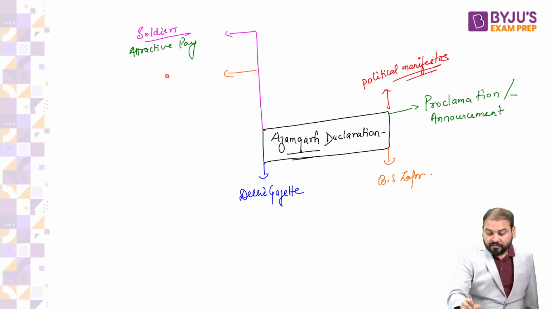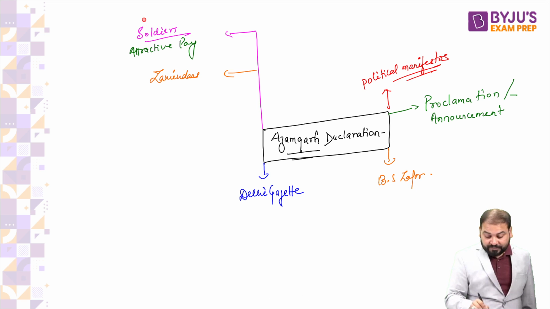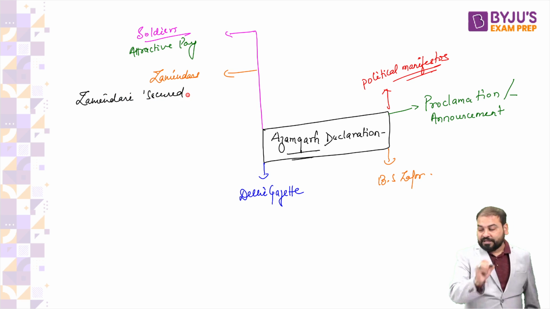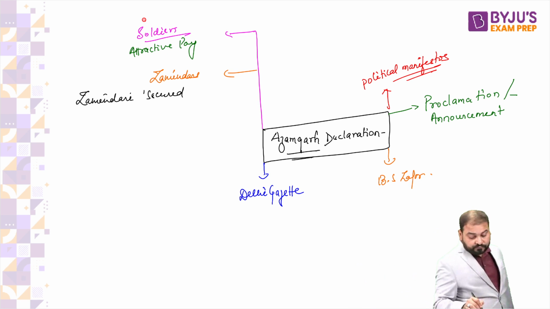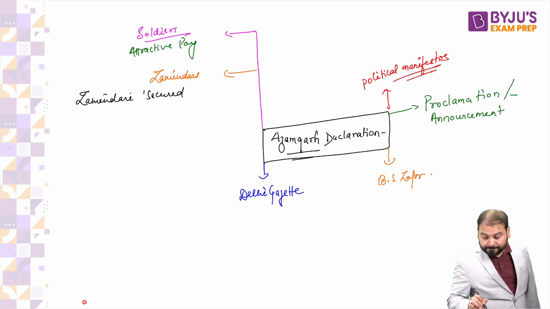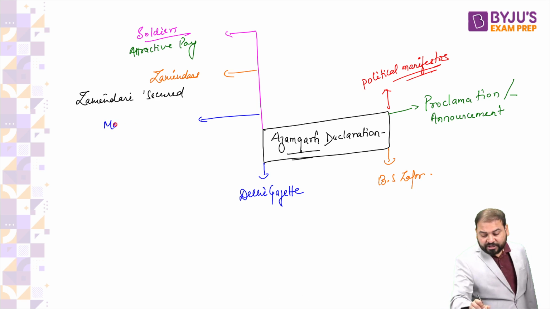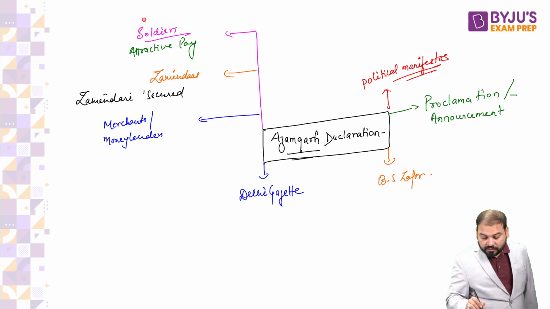Similarly, zamindars were promised that your zamindari will remain secured, that is, your zamindari will not go anywhere. Similarly, merchants and money lenders were promised something.